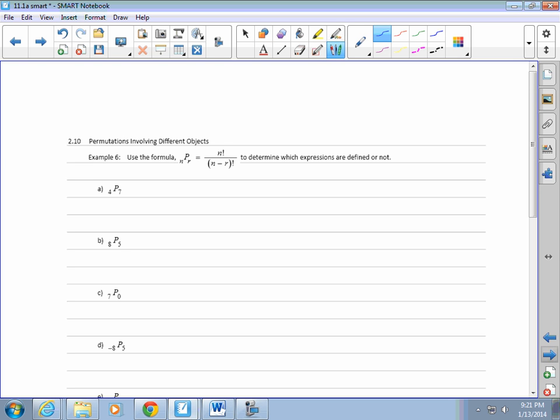So it says, example 6, use the n permute r formula to determine which expressions are defined or not. If I look at the first one, 4p7, well, right away, n is less than r, or r is greater than n, so this one would be not defined. 8p5, my n is greater than r, so this one would be defined.